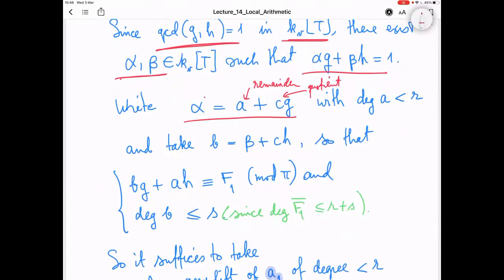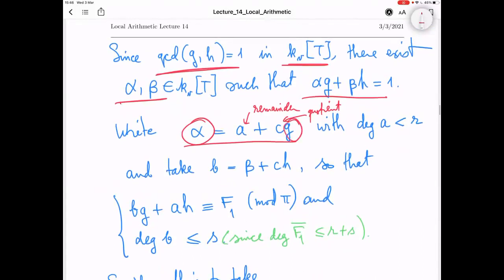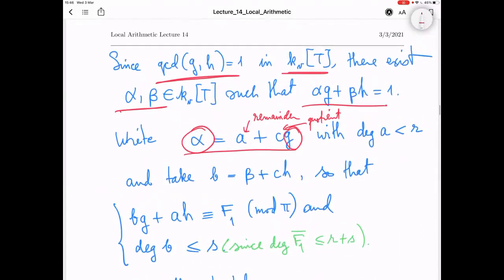So I'm basically dividing alpha by G. I can do that, right? This ring is Euclidean. I can divide alpha by G. So I'll get some remainder A, so the degree will be strictly less than the degree of G. And there's some quotient C.